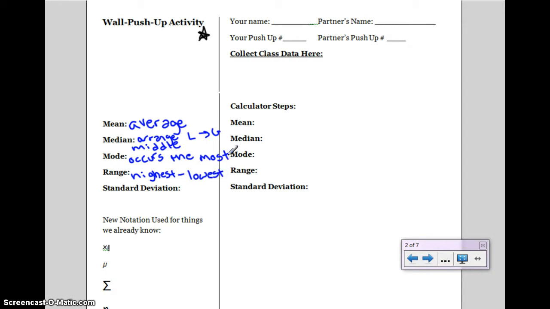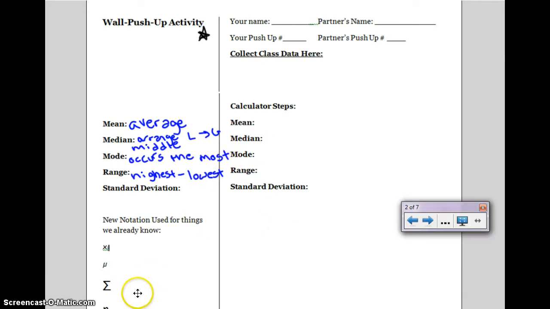You might have most people get somewhere between 20 and 30, but we might have some people who will get 50 or 10, right? So most people will be somewhere in the middle, and then we'll have a couple people on either end. And all of these different ways of looking at data will help us analyze what we need to know or where we compare against everybody else.